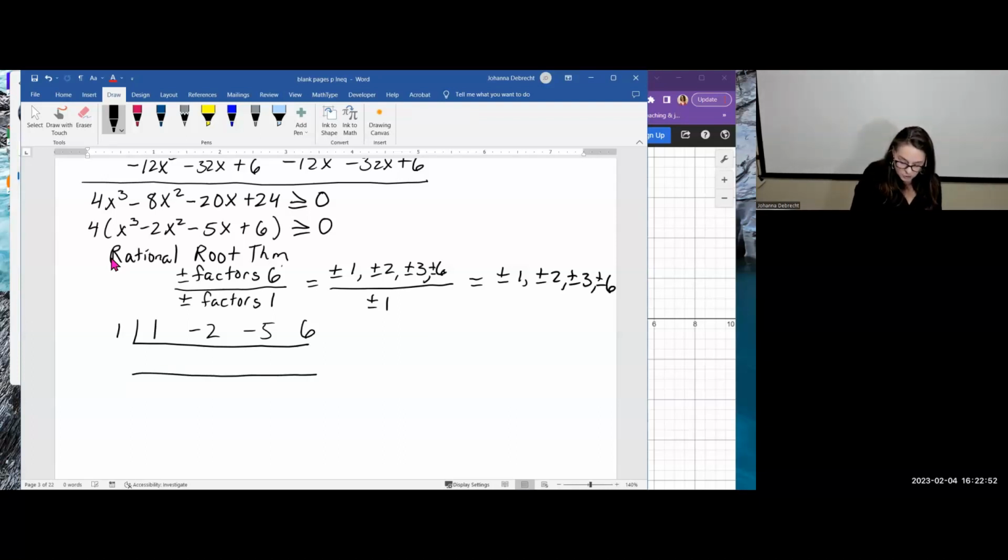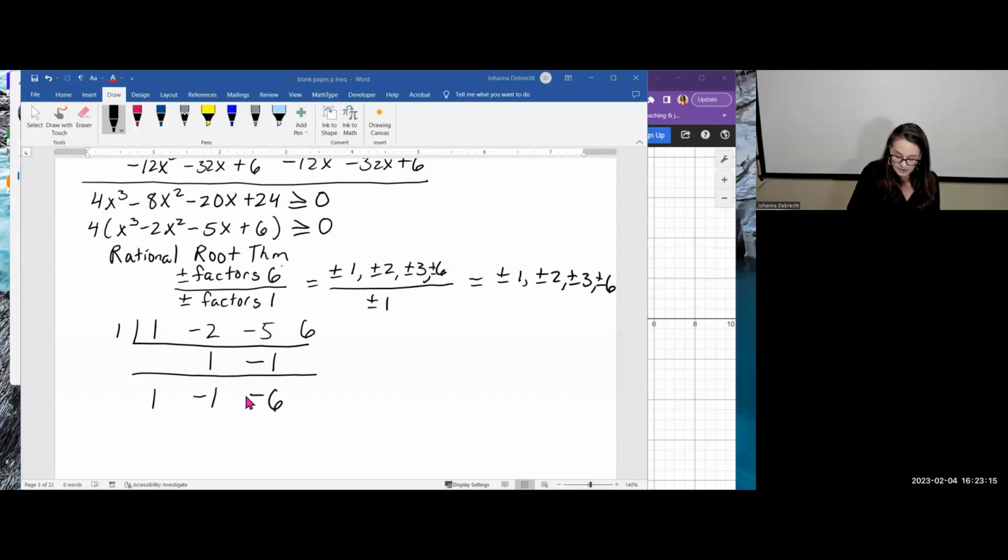And then the first number drops through. Then we multiply diagonally to the left, and then we write it up here diagonally to the right. So 1 times 1 is 1, I write 1. Then I'm going to add down, so I get -1. And then I multiply diagonally again and write it up here, so I have a -1. Add down, I get -6.